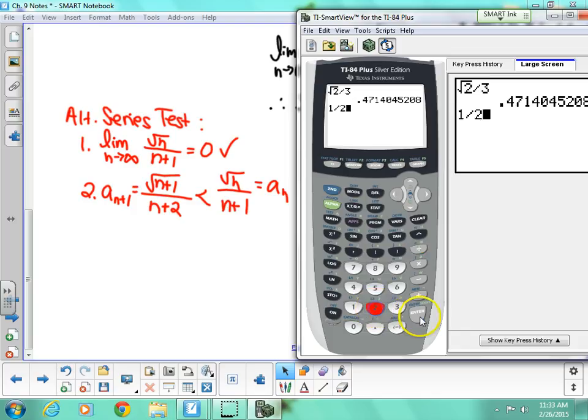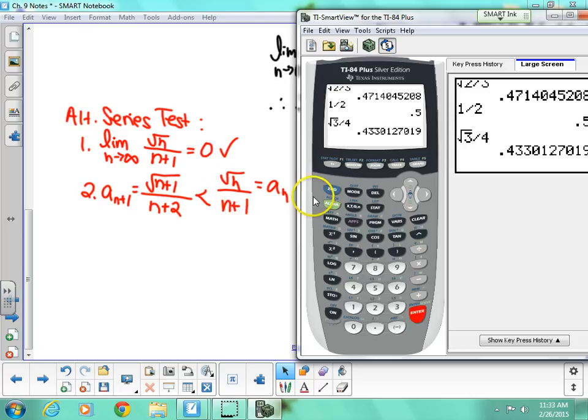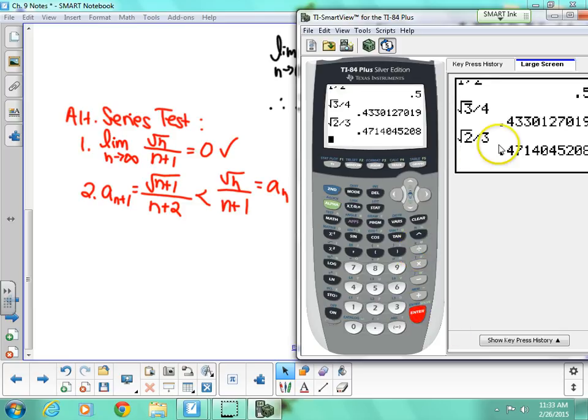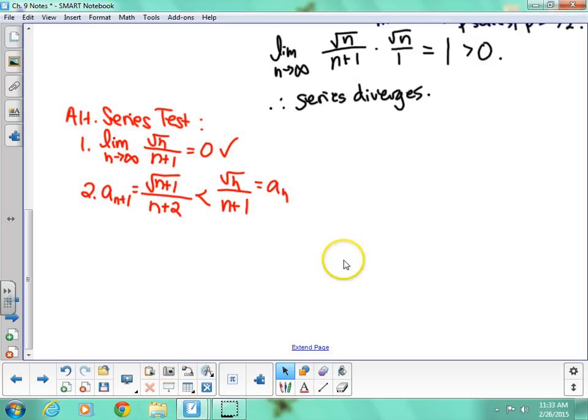If I keep going, it looks good so far. Root 3 over 4, you keep checking. Some of you would just be able to look at it and see, but you can keep on seeing it's going to be smaller and smaller. So it's true, it's just a harder one to tell.